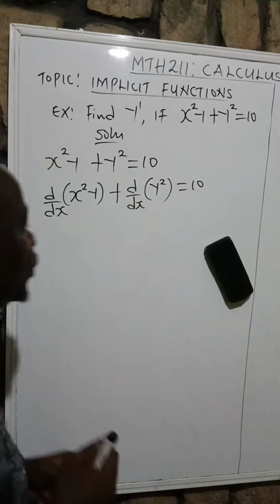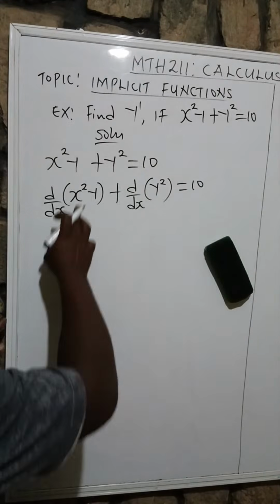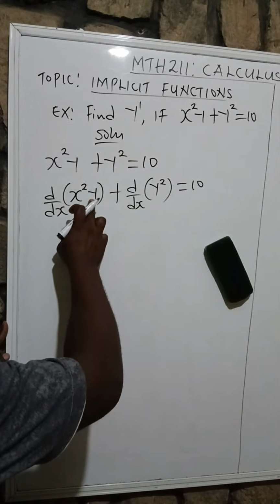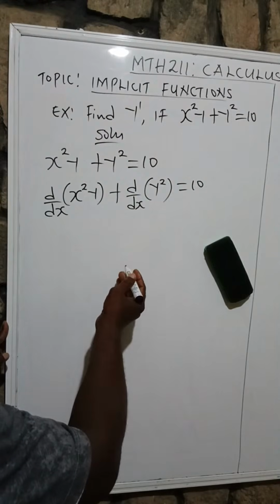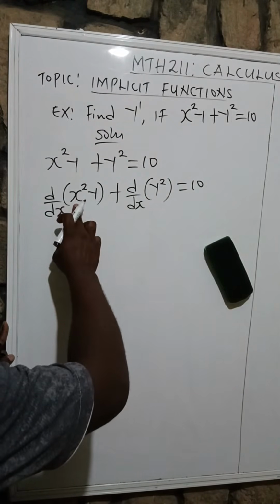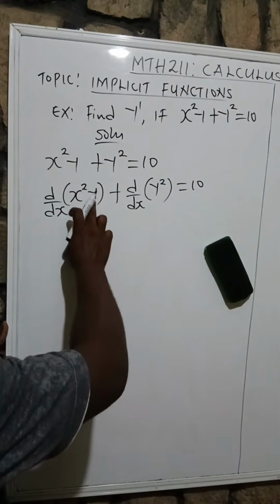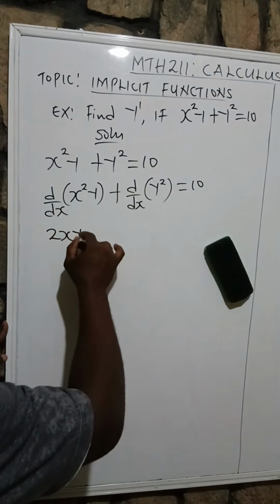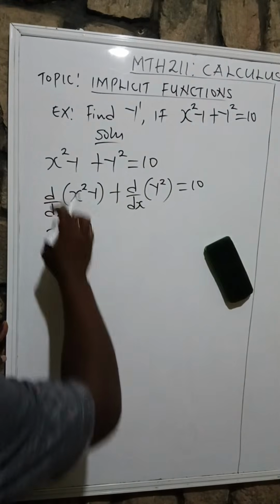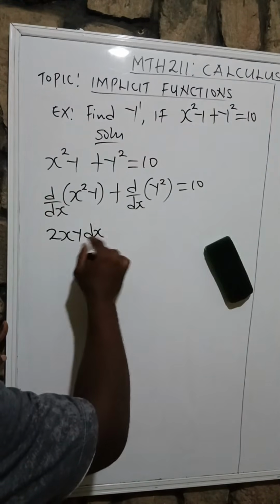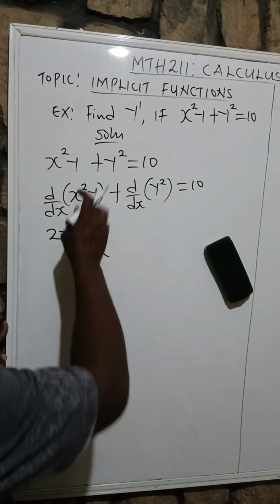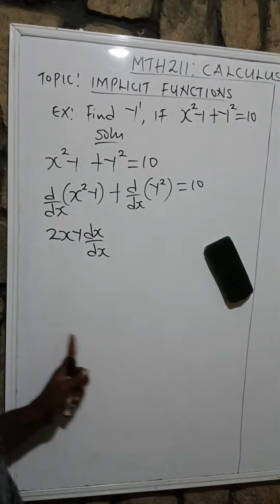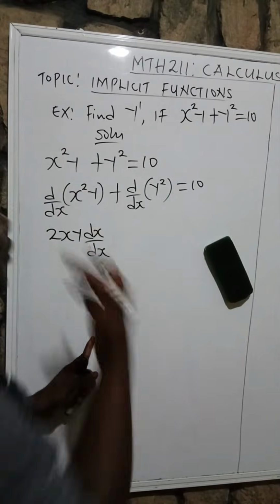Is that clear? So here we differentiate x squared times y. If we differentiate x squared, we have 2x, then multiply by y, we are going to have 2xy dx over dx, because we differentiated for x. Then since we are talking about two functions, it's going to be the product rule.